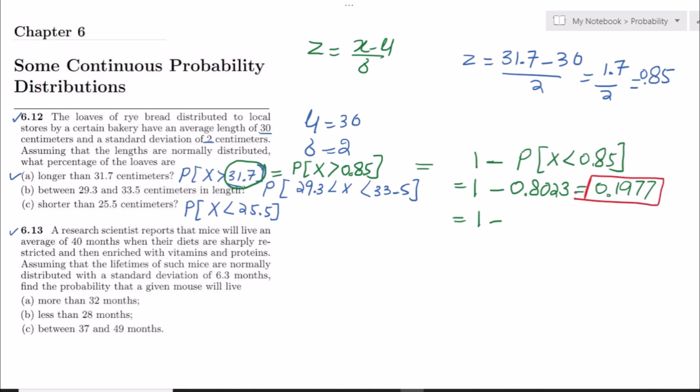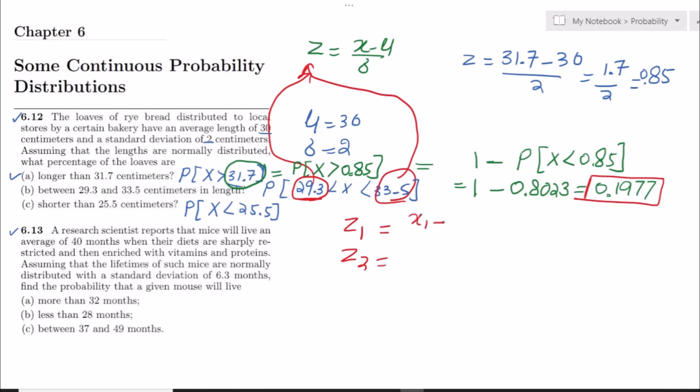So this was for part A, and now moving towards part B. Here the values of X are these. We have to convert them to Z using the same formula, and there we will get Z1 and Z2, by using X1 minus mu divided by sigma, and X2 minus mu divided by sigma.